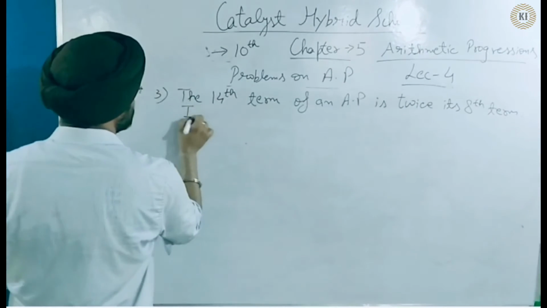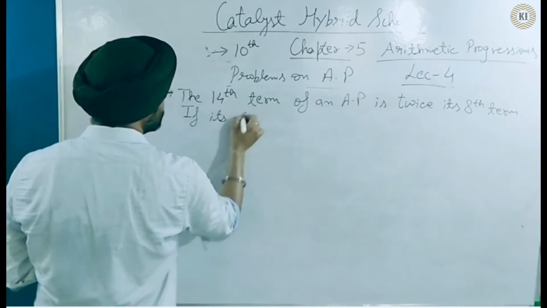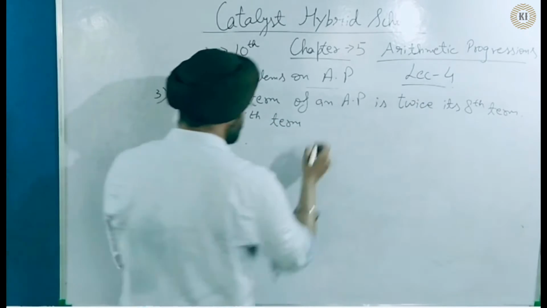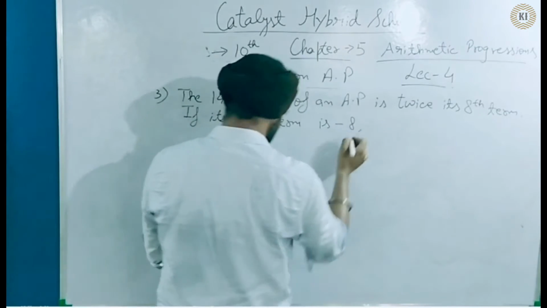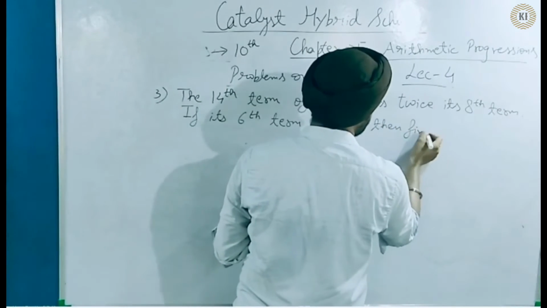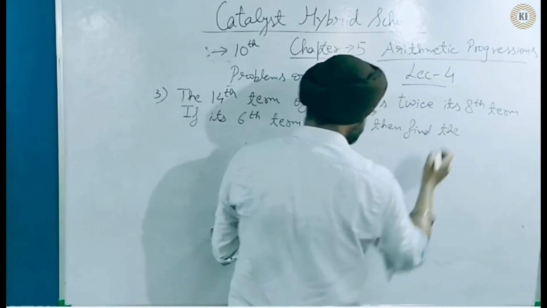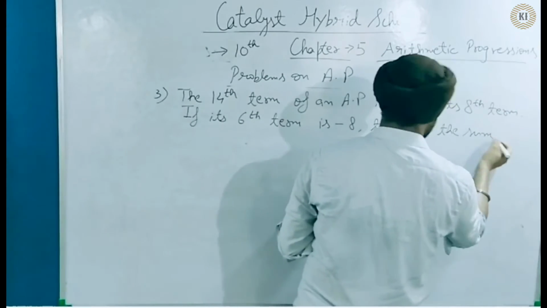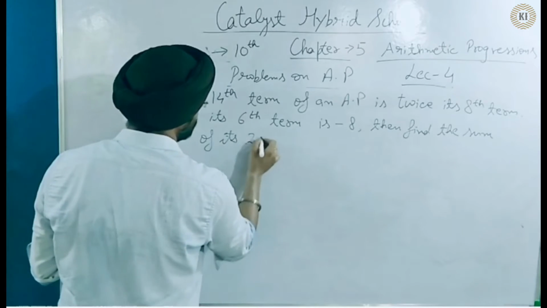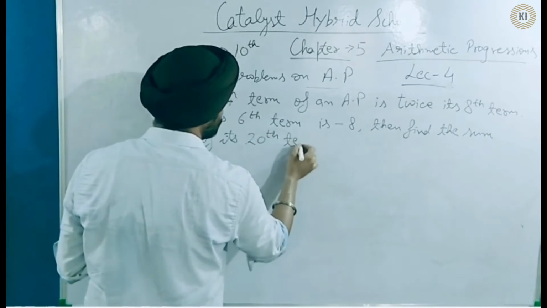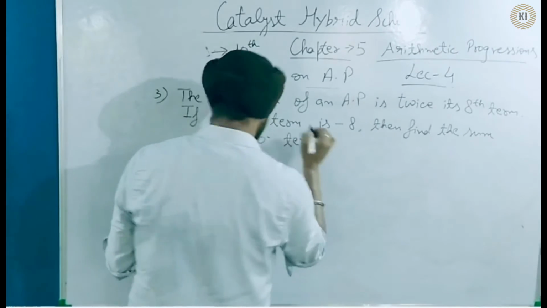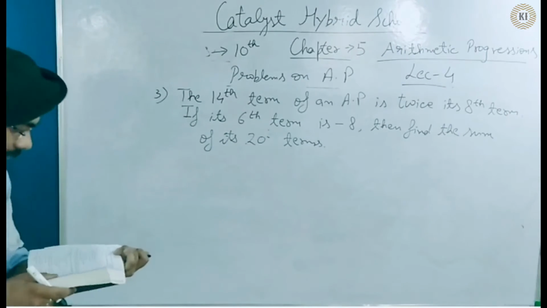If its 6th term is -8, then find the sum of its 20 terms. So this will be your question.